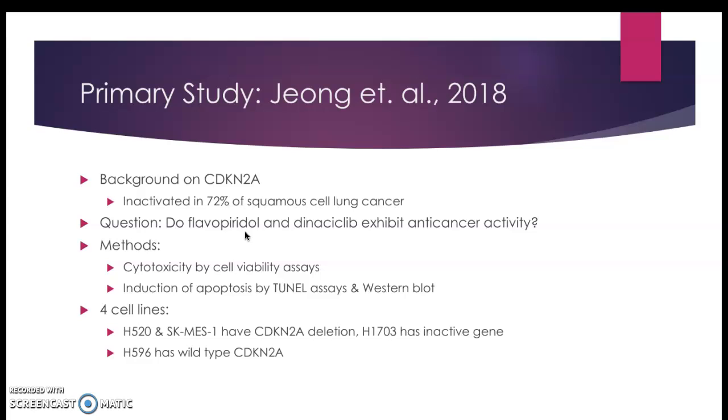And so the 4 cell lines that they used in the process were H520, SKMES1, H1703, and H596. H596 has the wild type CDKN2A, which means that it's supposedly going to be keeping things in check more so than the other cell lines.